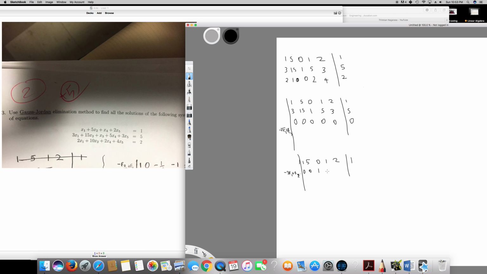And -3 times 1 is -3, -3 plus 5 is 2, and -3 times 2 is -6, -6 plus 3 is -3, and -3 times 1 is -3, -3 plus 5 is 2.